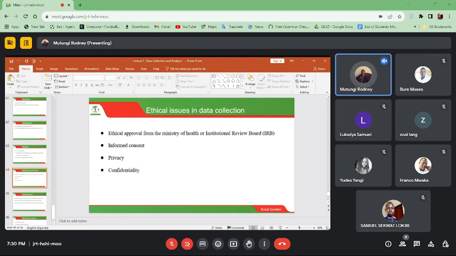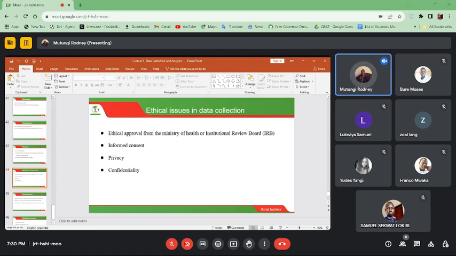And of course, we cannot talk about research without talking about ethics. So earlier we had highlighted privacy. Someone should give information in a place or in a way that they do not feel uncomfortable.